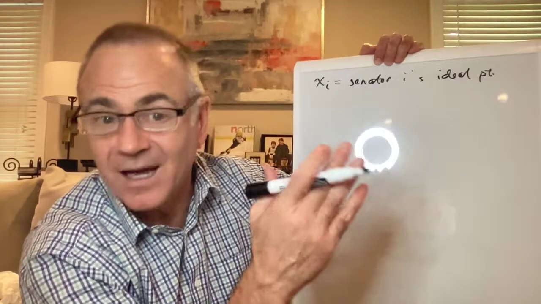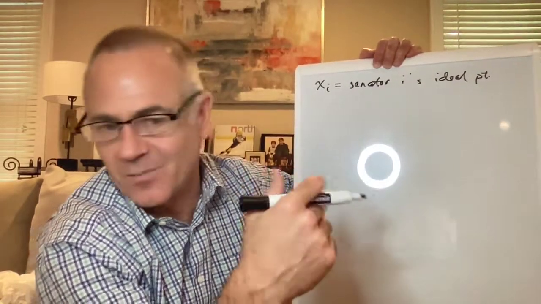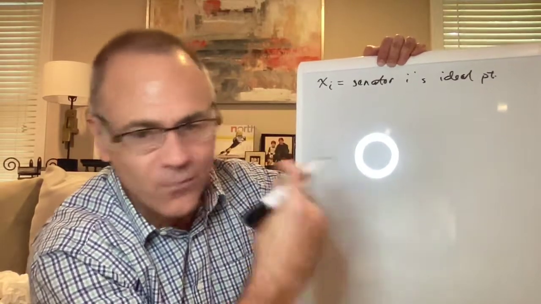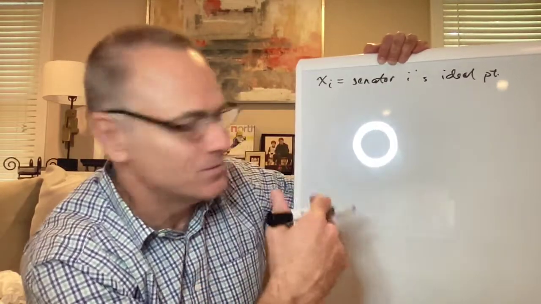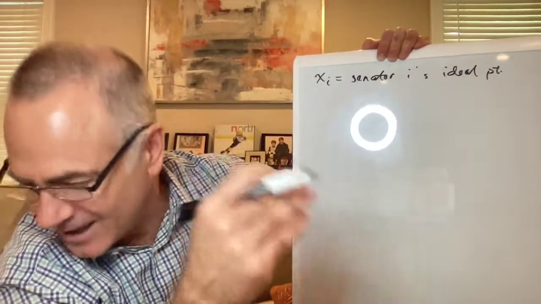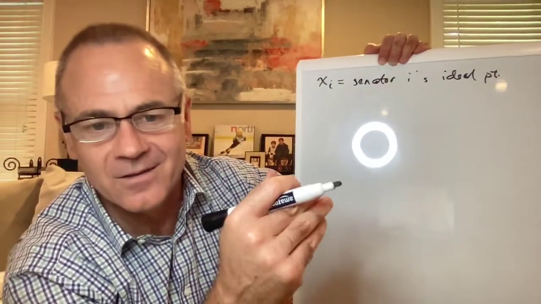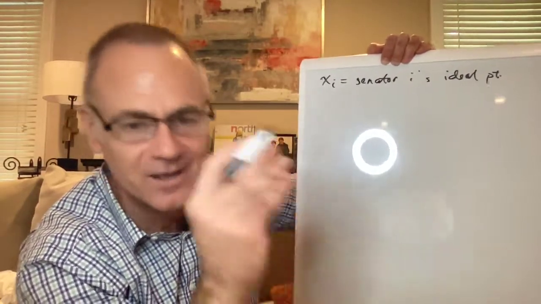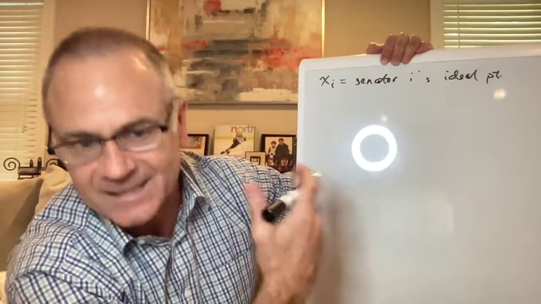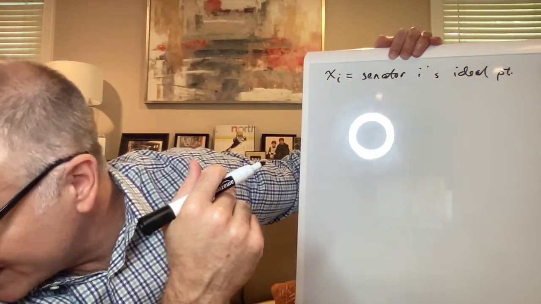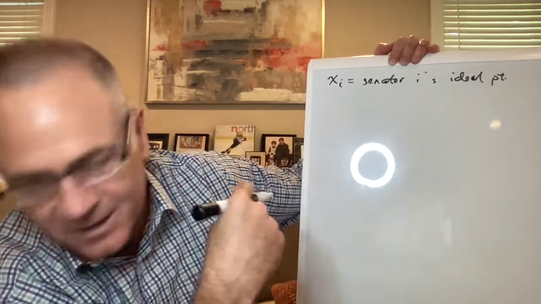So X_i is going to be a number, something like 3.25 or 4.50 or 2.15. Okay. Senator i's ideal, if he or she can implement the minimum wage he or she wanted, that's it, X_i. Okay. The issue space, the minimum wage, was just a number.